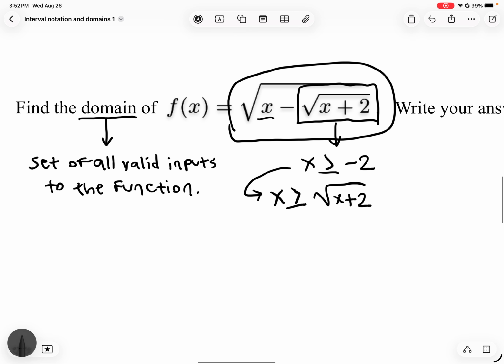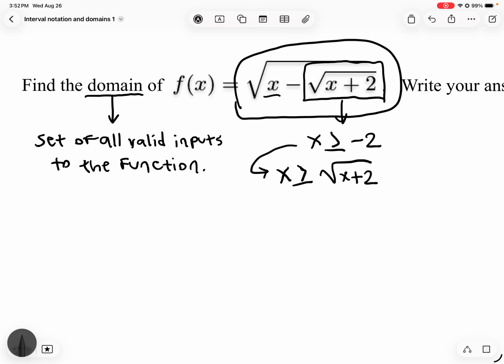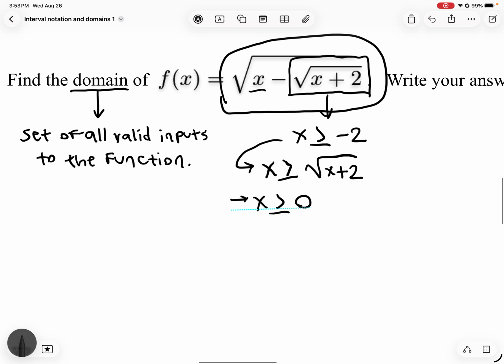And that tells us that x cannot be negative, which means x is greater than or equal to 0. Because if it was negative, say negative 1, you would have negative 1 minus the square root of negative 1 plus 2 under the square root.